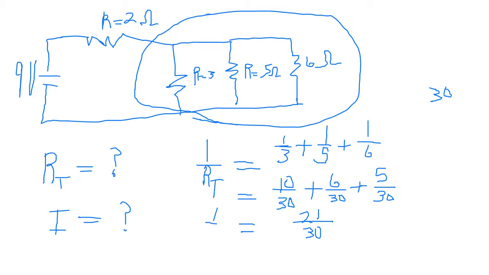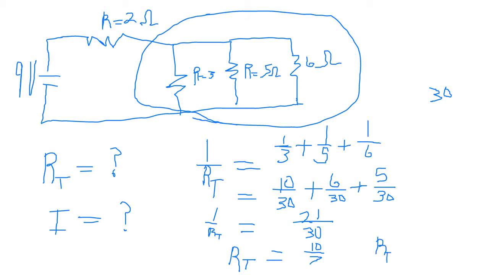1 over RT, so RT would be equal to 10 over 7. So then what do you do?